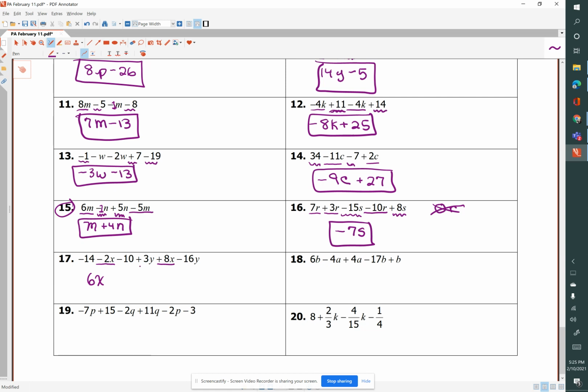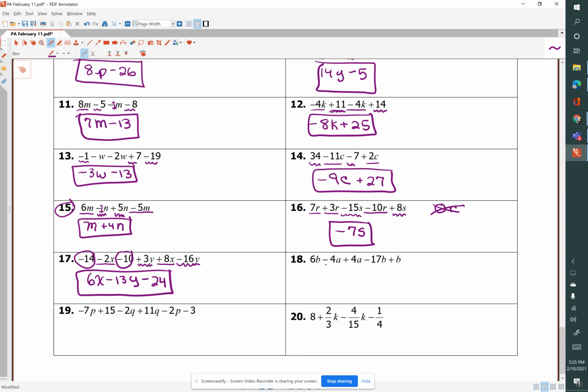And let's go with the y terms. 3y minus 16y is negative 13y. And then the constants, we have negative 14 minus 10, which is negative 24.